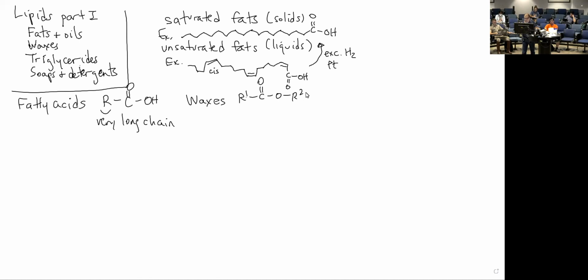So rather than a carboxylic acid, we'd have two R groups, and both are long chains. So you'd have 20 carbons here and 20 carbons here, maybe some large number of carbons, maybe even more, maybe 30 or 40. But like I said, what I'm expecting you to focus on is exactly this, just how to tell these different structures apart.